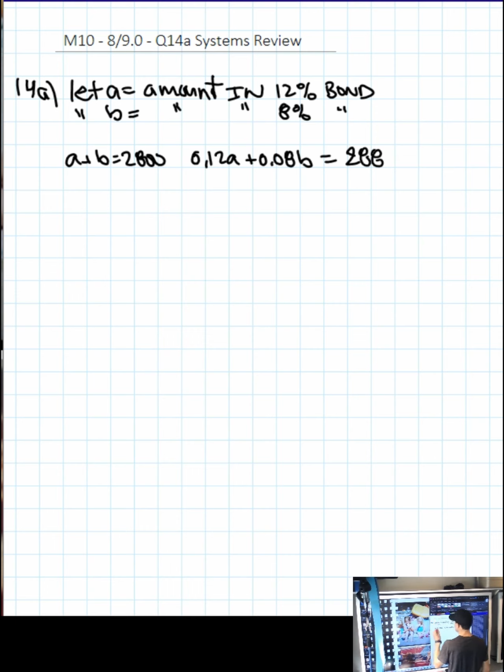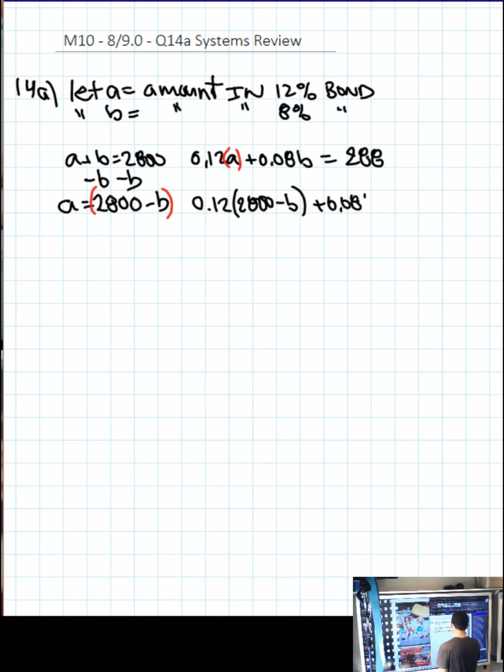Okay, so in the equation on the left, we can isolate for a variable. Let's isolate for A, so minus B from both sides, and A equals 2,800 minus B. Brackets around what A is equal to, brackets around A in the other equation, and we can substitute. 0.12, excuse me, 0.12 times 2800 minus B plus 0.08B equals 288.